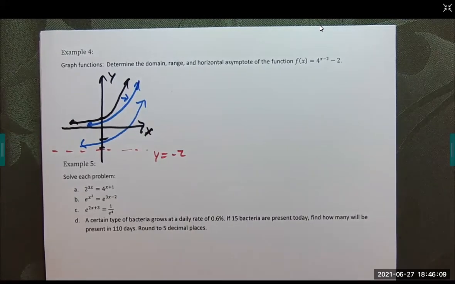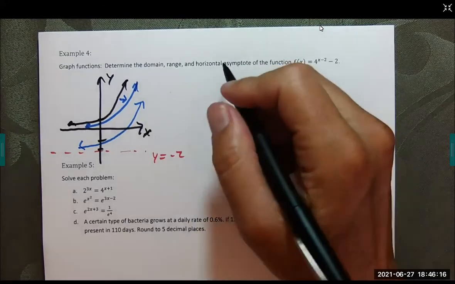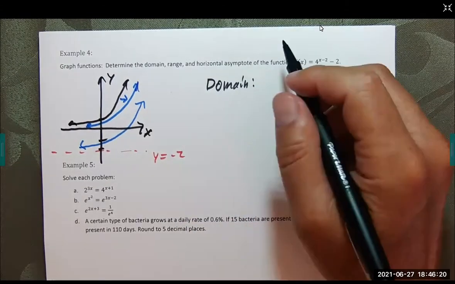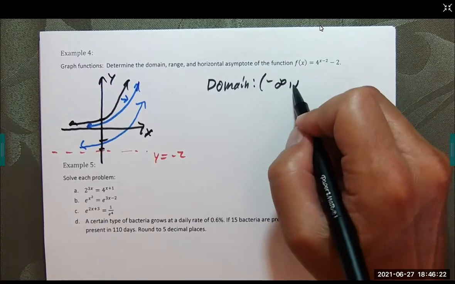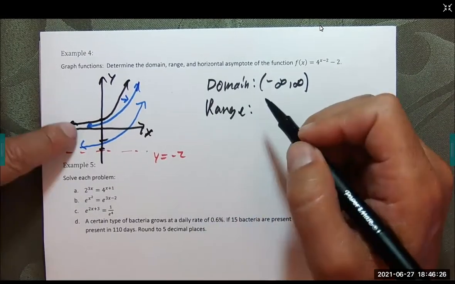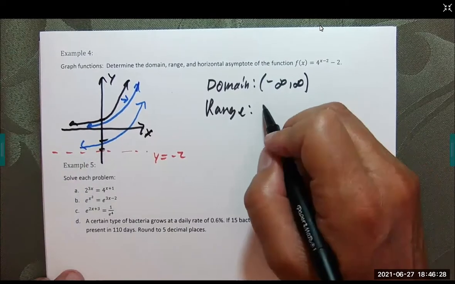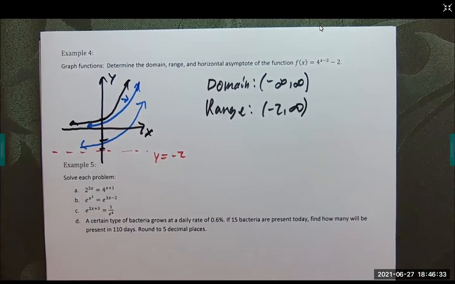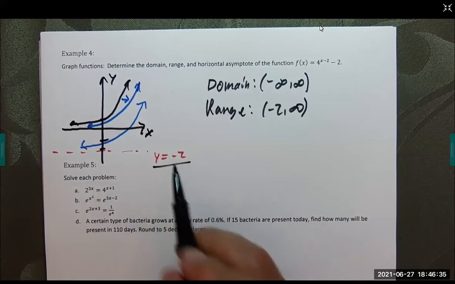And the domain is here. Is still all real numbers. That doesn't change. The range, however, used to be 0 and up, not inclusive, but now it went down to -2 to infinity. And our horizontal asymptote is right there, y equals -2.